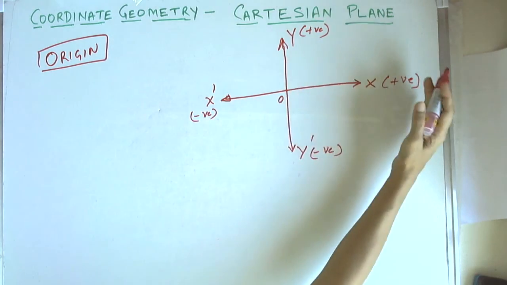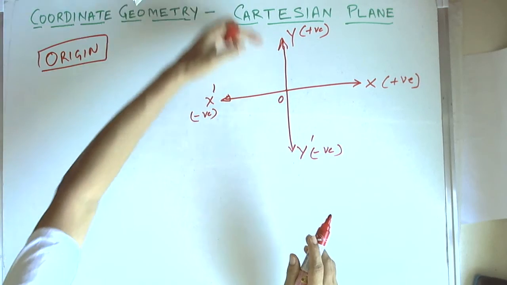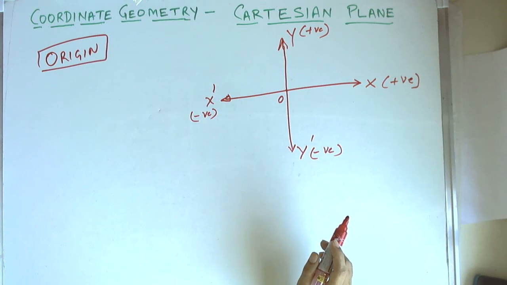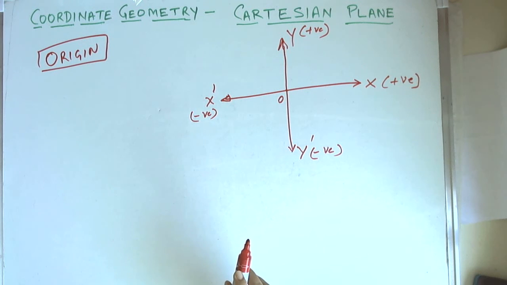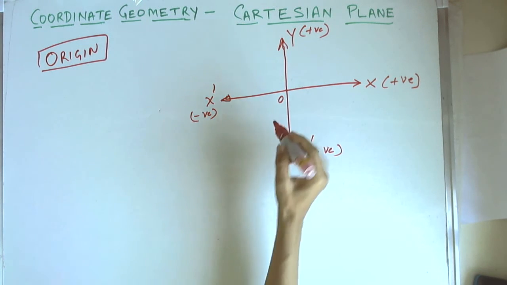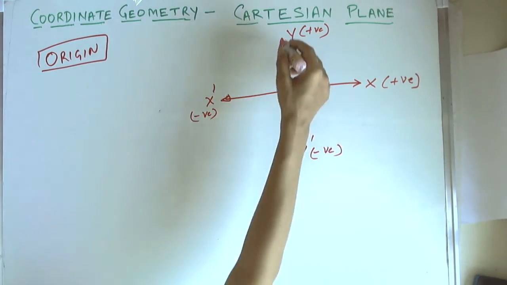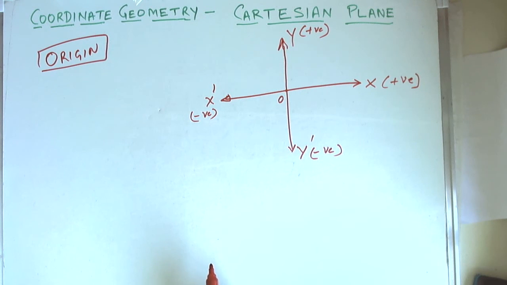So this side is positive, this side is negative, and the upper side is positive and the downside is negative. So this is called Cartesian plane, and the origin is the midpoint for both the number lines, the vertical as well as the horizontal.